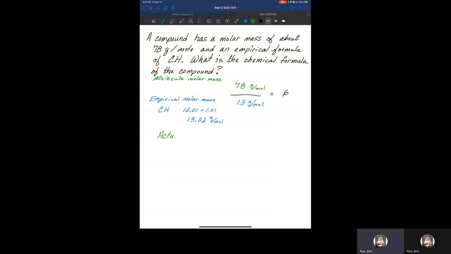So my actual compound has 6 of the CH units. C6H6.